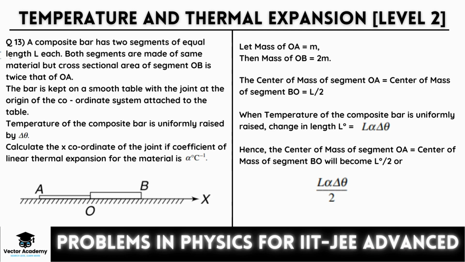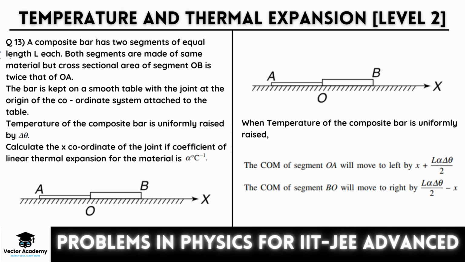When temperature of the composite bar is uniformly raised, change in length L' equals original length L into coefficient of linear thermal expansion alpha into change in temperature delta theta. Hence, the center of mass of segment OA and segment BO will become L' divided by 2, or L alpha delta theta by 2.